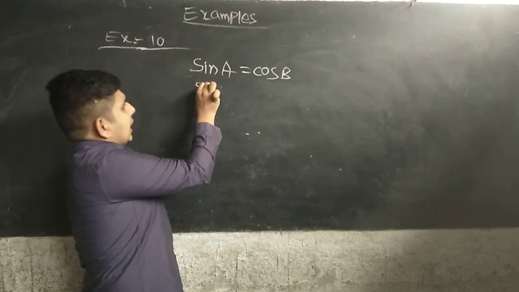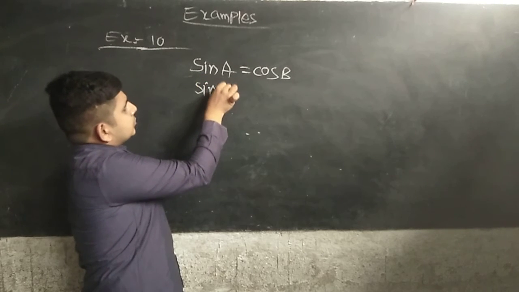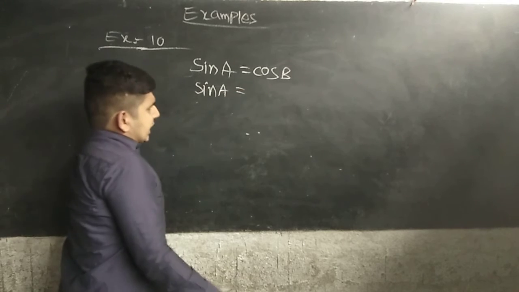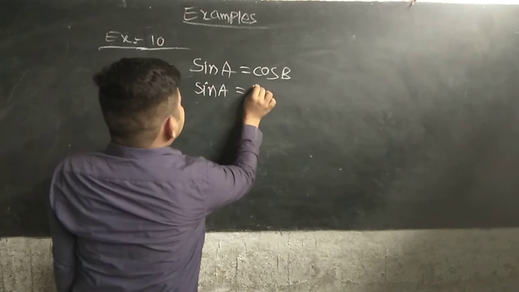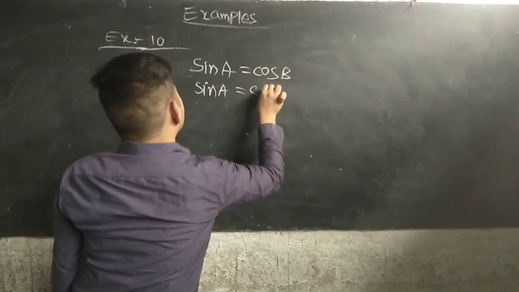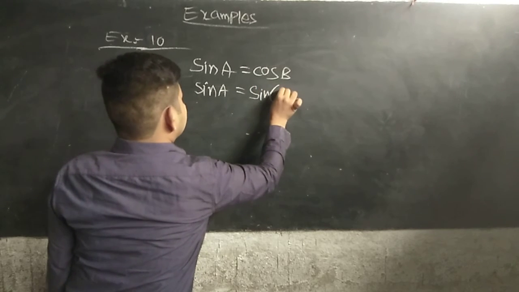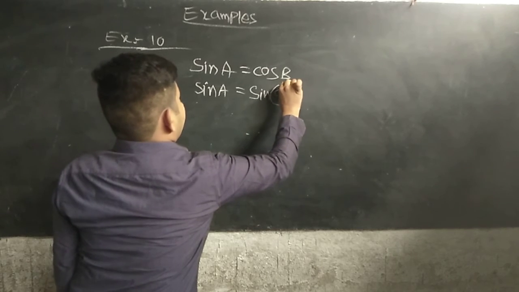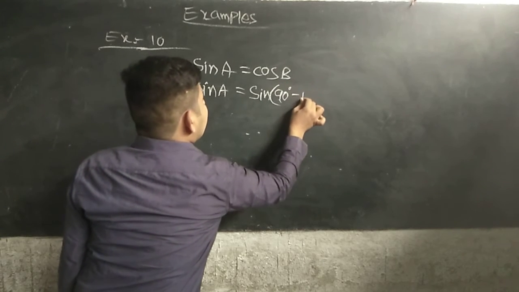That is, sin A equal to sin 90 degrees minus B. Why?